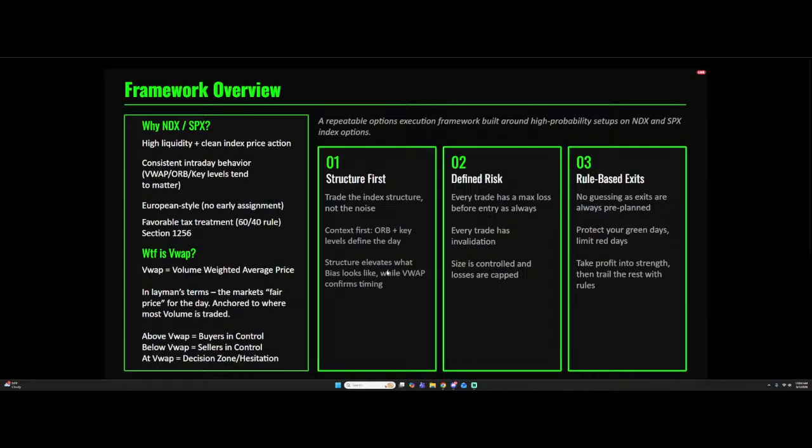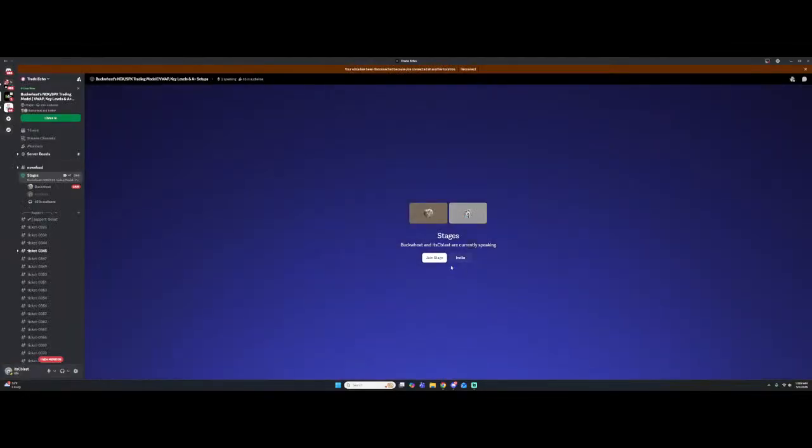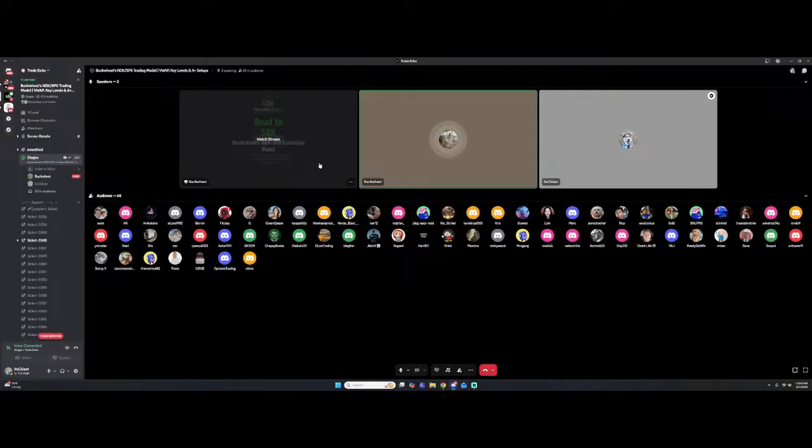Here's our framework, and here's why I focus on NDX and how this model works. It has an opening range, and it's European style.